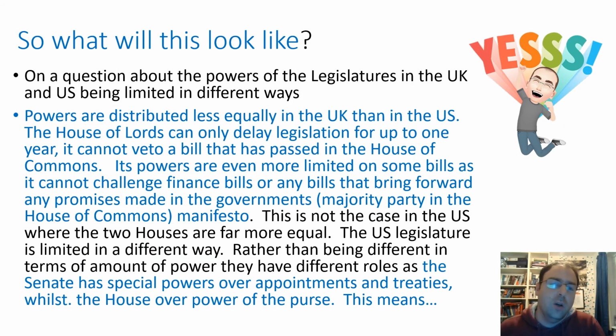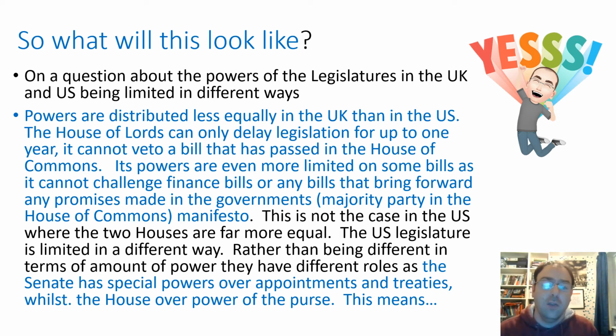So again, on this one, I'm looking at a question about the powers of the legislatures in the UK and the US being limited in different ways. So powers are distributed less equally in the UK than in the US. The House of Lords can only delay legislation for up to 1 year. It cannot veto a bill that has passed in the House of Commons.